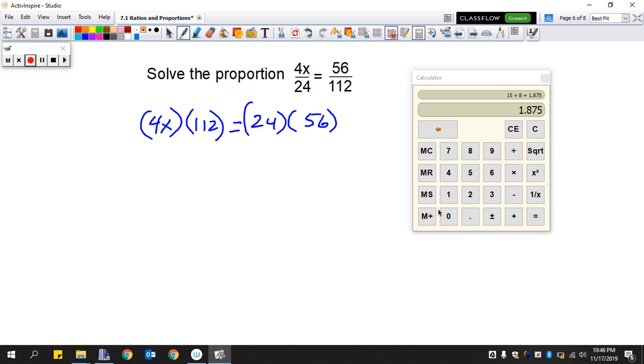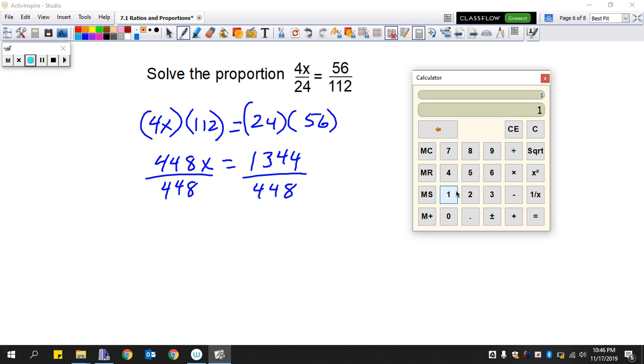If we go 4 times 112, we end up with 448x is equal to 24 times 56, which is 1,344. We're going to divide both sides by 448. 1,344 divided by 448 is equal to 3, so x is equal to 3.